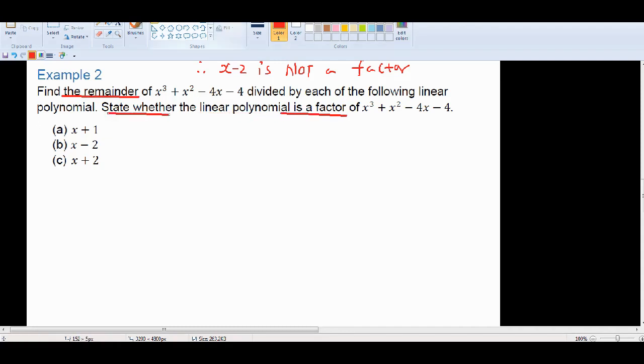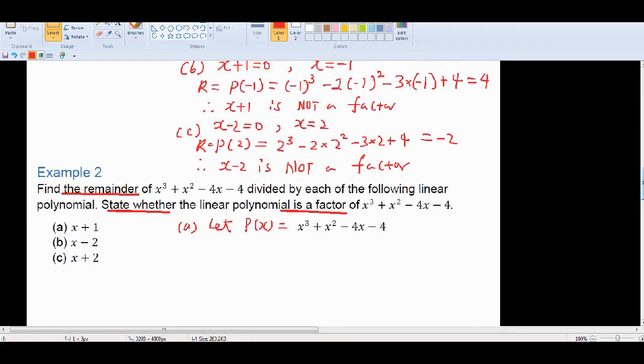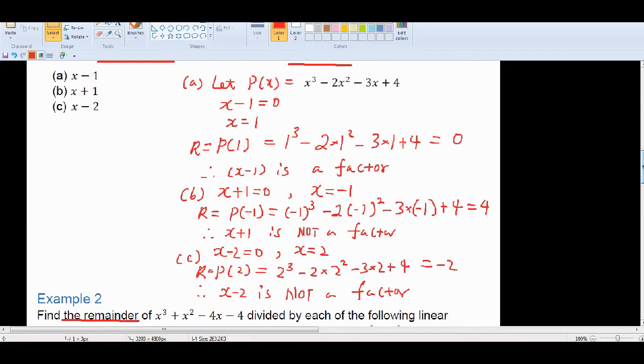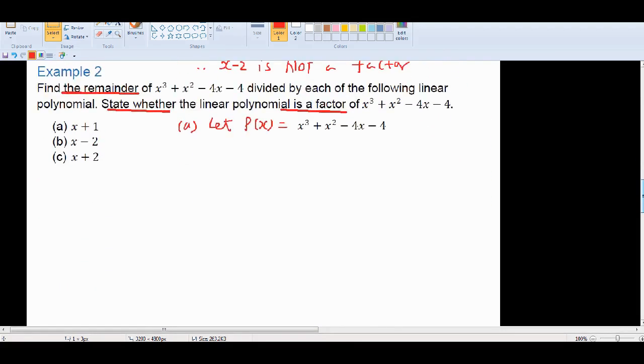Before we start, remember you need to let P(x) equal the polynomial. That will make your presentation easier. Looking back at our previous example, can you do it by yourself? You might pause the video, try by yourself first.